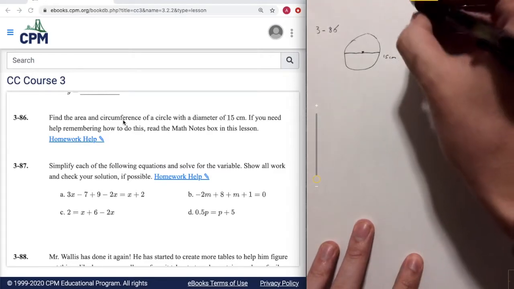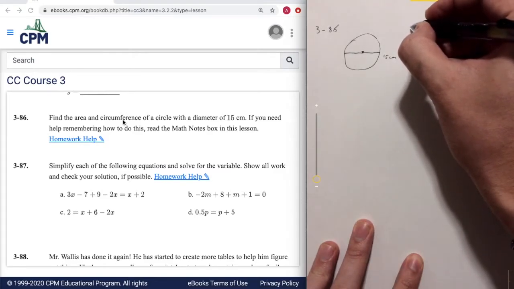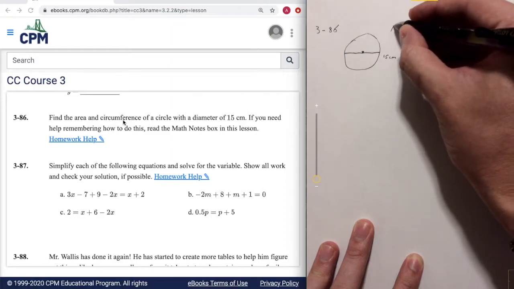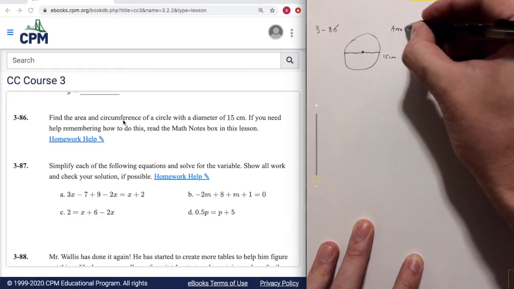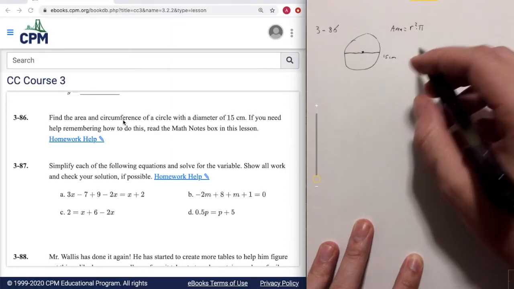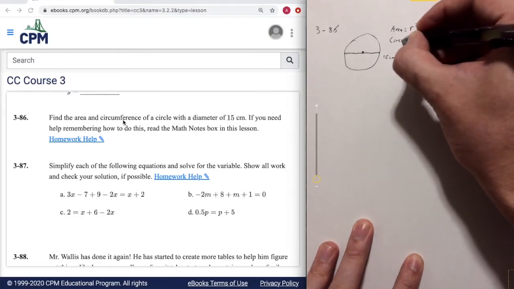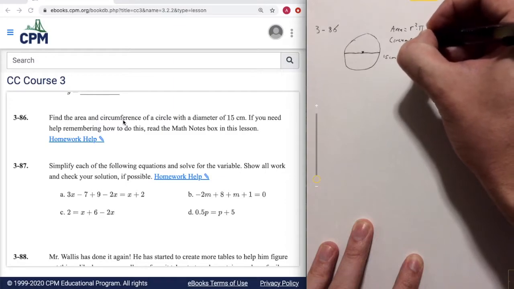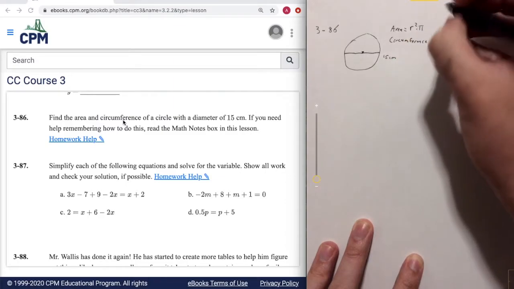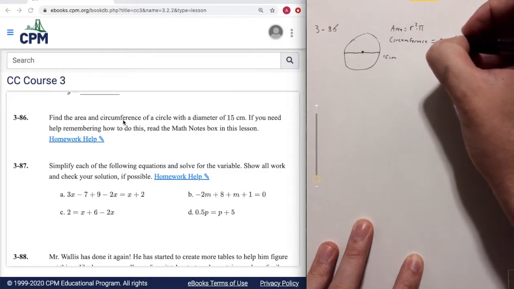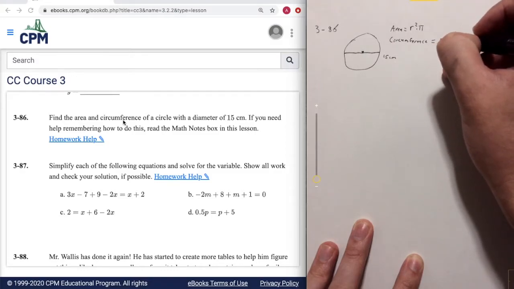The area can be found by doing r squared times pi. So we'll do area equals r squared times pi. And the circumference equals 2 times r times pi.